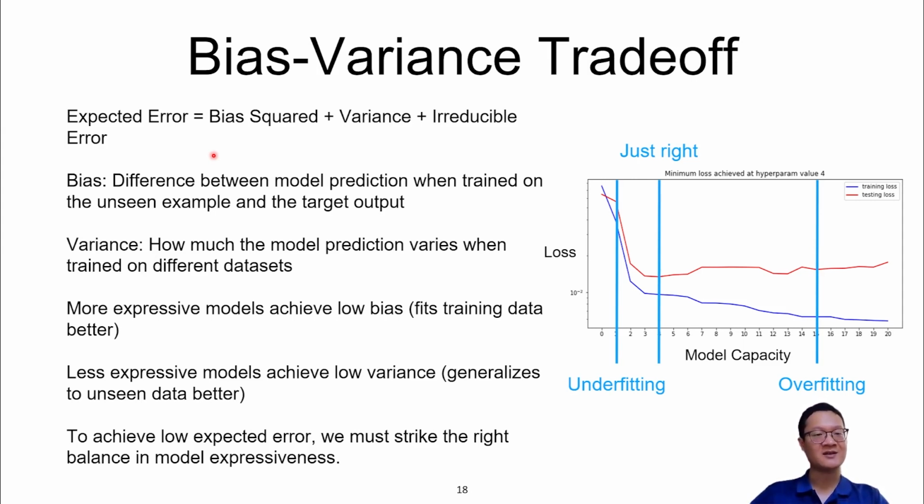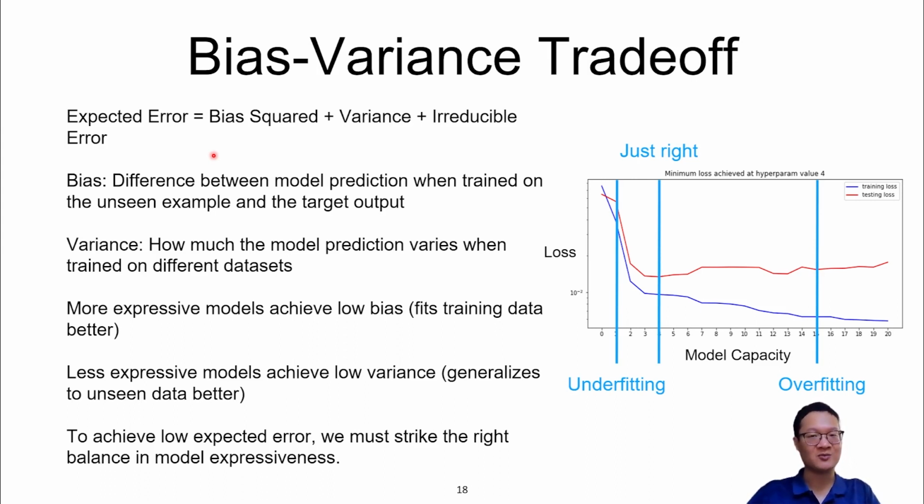And the variance refers to how much the model prediction varies when trained on different data sets. In general, more expressive models, the models with more parameters, can achieve low bias, so they can fit the training data better. And the less expressive models can achieve low variance, which generalizes to unseen data better.